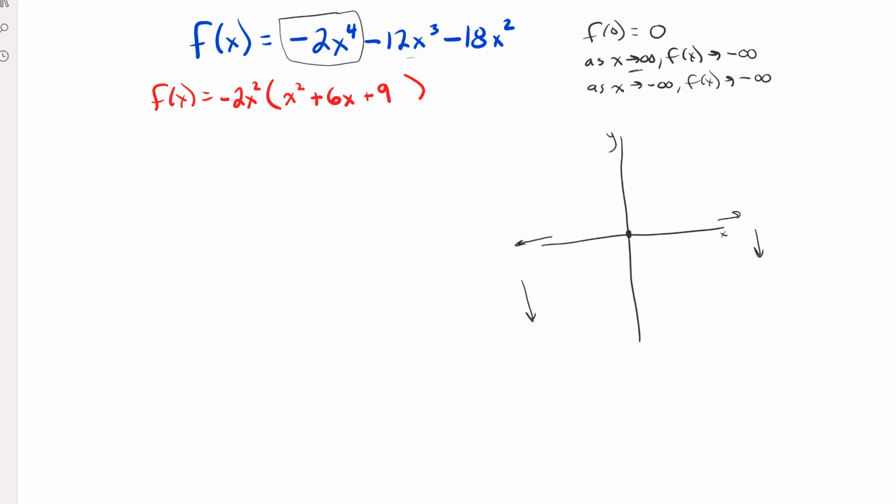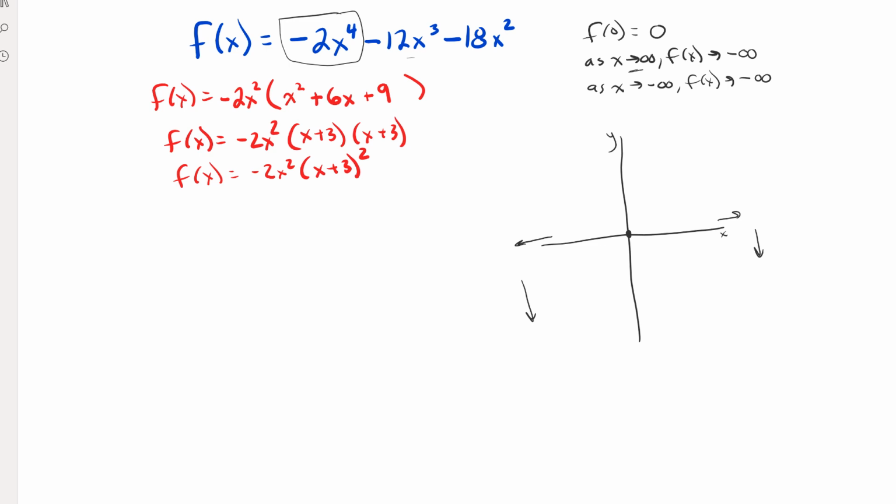Negative 2x squared times positive 9 is negative 18x squared. We can further factor that. In fact, that's a perfect square trinomial that you've learned about earlier in this module. That's x plus 3 times x plus 3, so you can write that as negative 2x squared times x plus 3 squared.